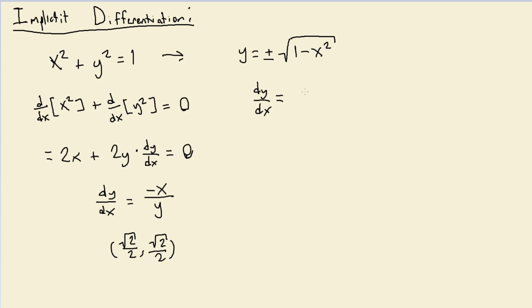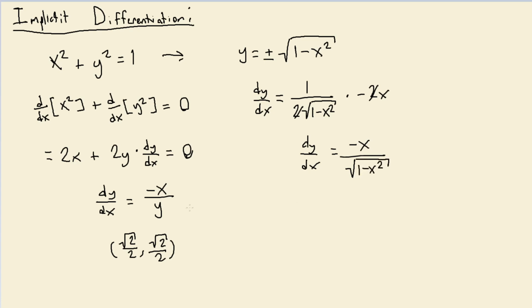This is just the square root, so this is going to be 1 over 2 times the square root applied at that function, 1 minus x squared, and then we multiply by the derivative of the inside function. The derivative of this inside component here is just going to be negative 2x. These 2's are going to cancel, and we get that dy dx is equal to negative x over square root of 1 minus x squared.